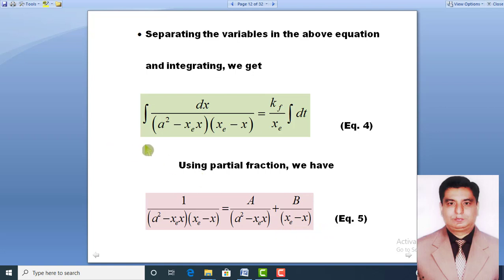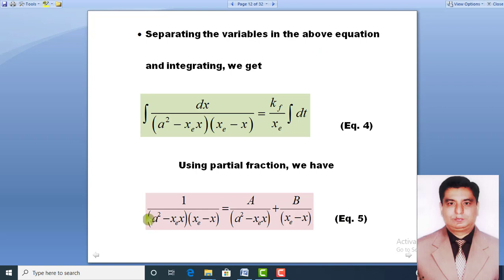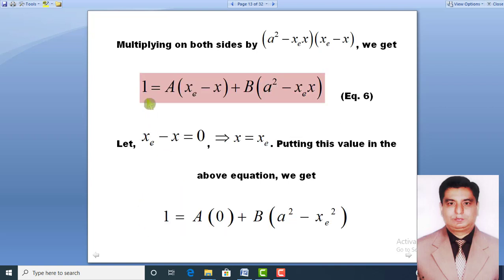Dear students, to further solve it, we will multiply both sides by (A² minus XeX) into (Xe minus X). So when we multiply equation 5 with this denominator, only 1 will remain on the left, and the right hand side will become A into (Xe minus X) plus B into (A² minus XeX).